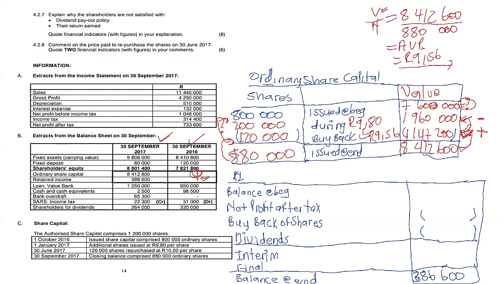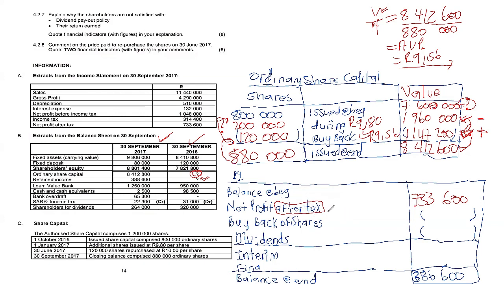So now what you are looking for is net profit after tax, which is given as 733,600.